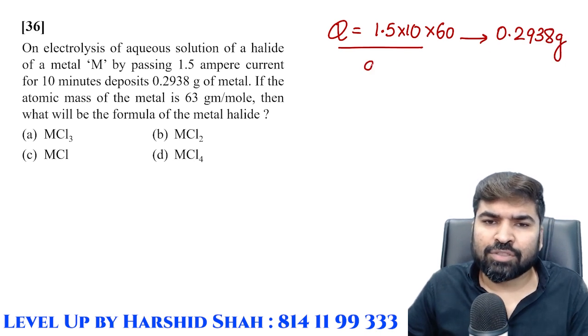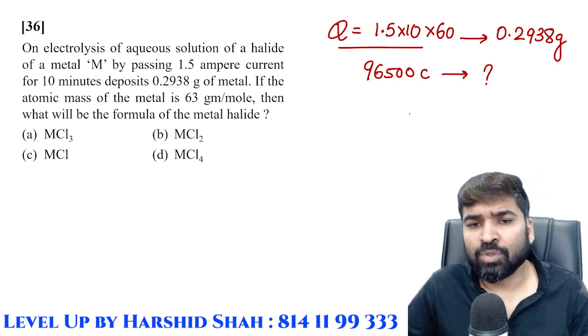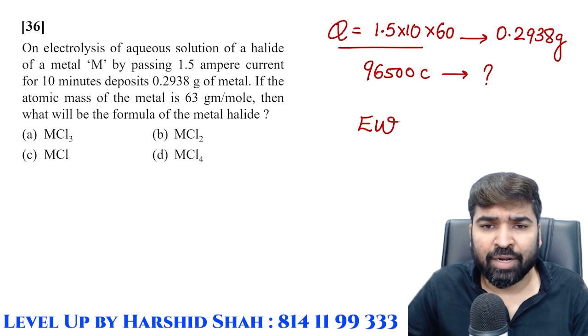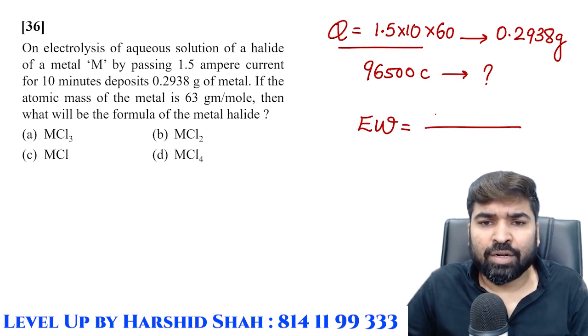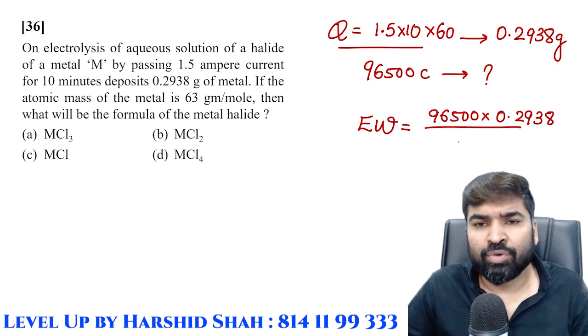So if I pass 1 Faraday, which is 96,500 coulomb, what should be the quantity observed here? Which definitely will be your equivalent weight. Calculate karo, right? So 96,500 multiplied by 0.2938 divided by 1.5 into 600, right? Which is going to be 900.